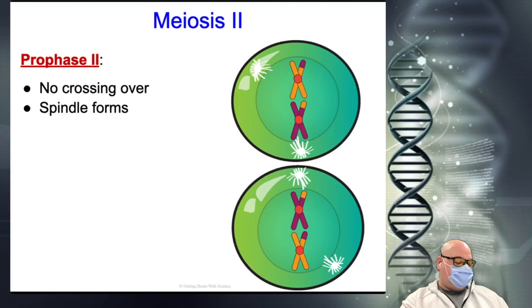They're their own separate entity. So if I go right down the middle of this and right down the middle of this, these are both unique chromosomes. So they're not genetically identical this time.